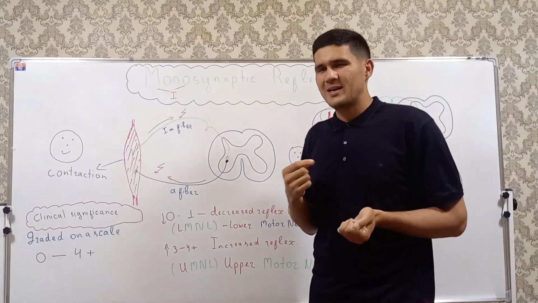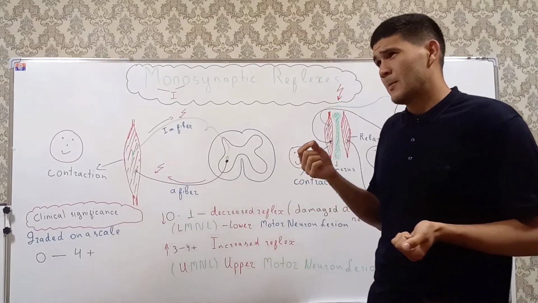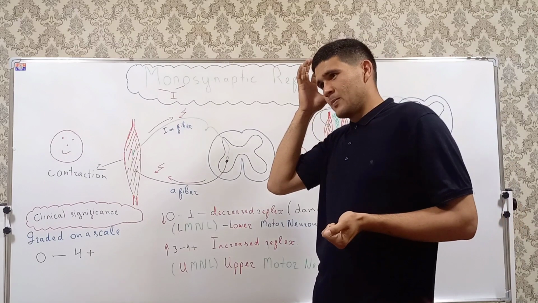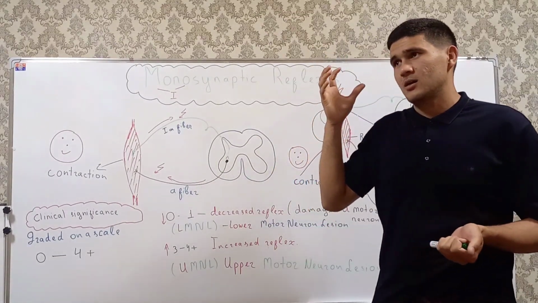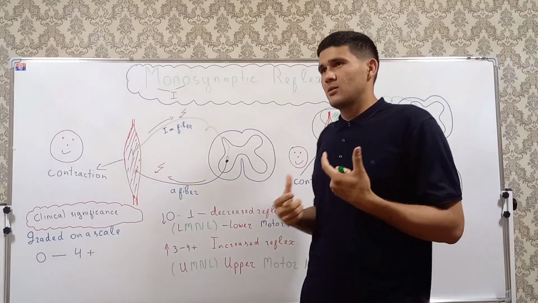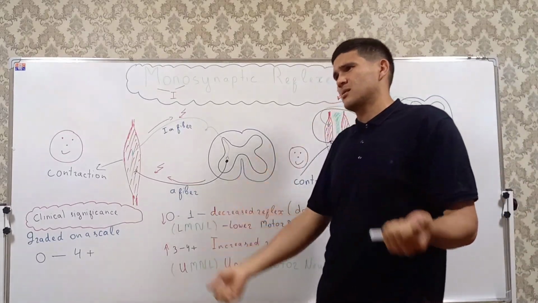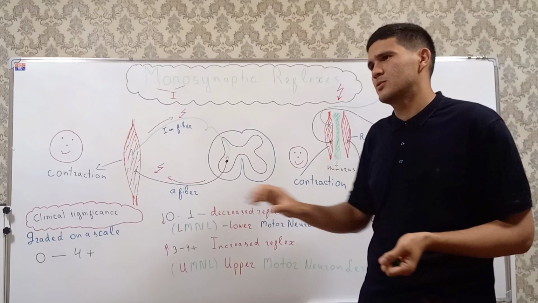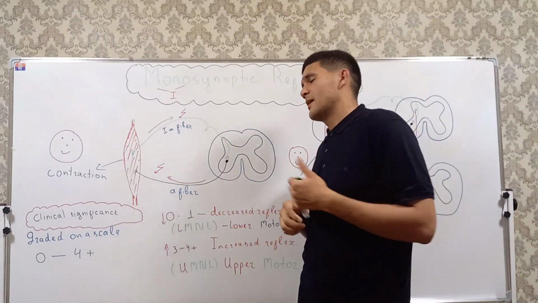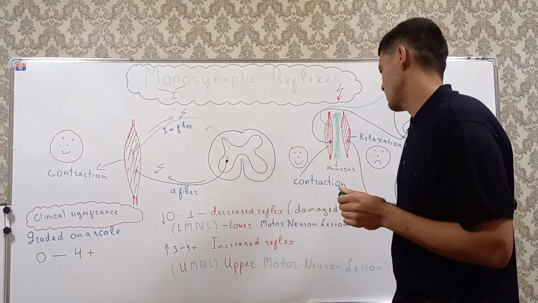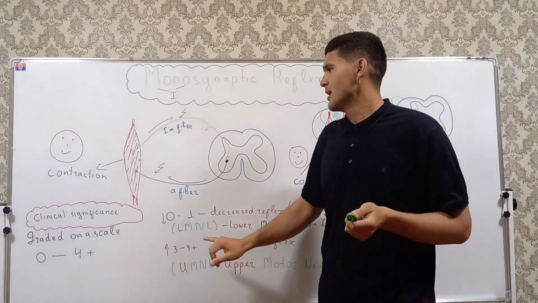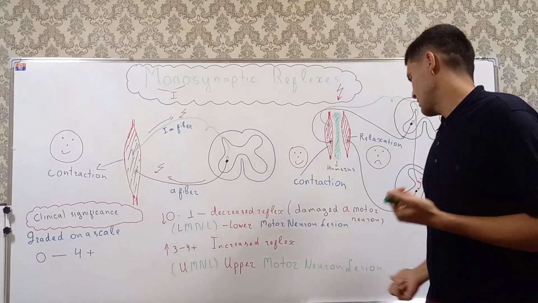You know, the Betz cells are located in the precentral gyrus, and with their action they control our movements: flexion, extension, taking something, putting something, closing, and things like that. And why is the reflex increased in upper motor neuron lesions?